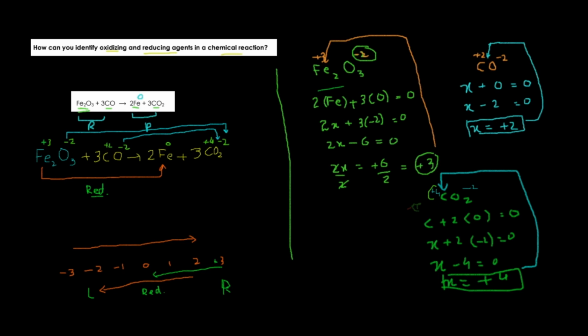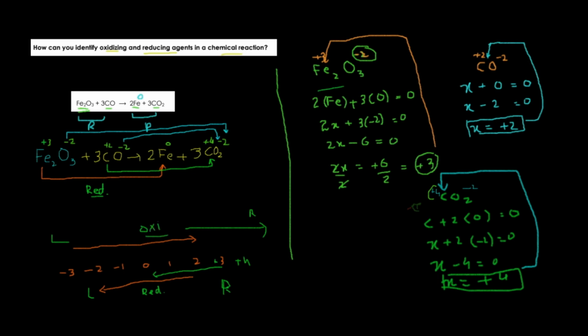But once you look at the carbon atom, in case of carbon monoxide, carbon has +2 charge, while in case of carbon dioxide, carbon has +4 charge. What does this mean? You are moving from +2 to +4. It means you are moving from left to right, and once you move from left to right, this is known as oxidation.